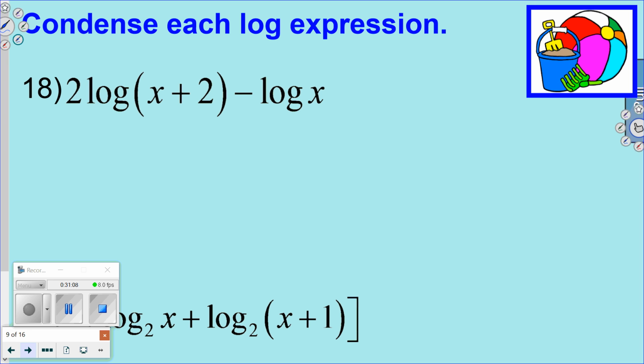All right, 18. Condensing. If I'm condensing, I'm writing log how many times? Once. So I'm going to write log once, and then I'm going to figure out the numbers. A number out in front means it is an exponent, only onto whatever it's next to. So that's going to be x plus 2 squared.